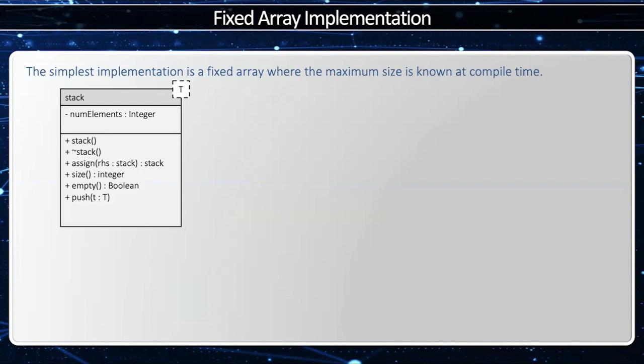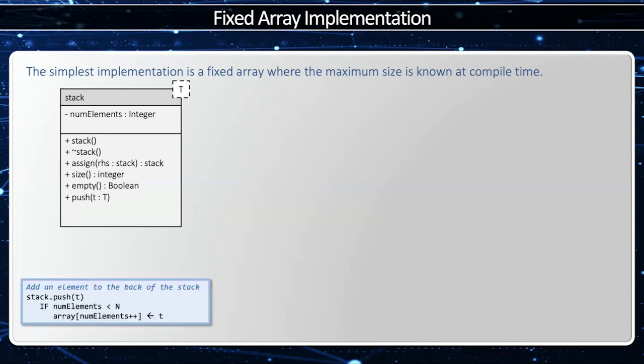So what's the pseudocode of push? Well, we're going to say if num elements is less than N, then array[num elements++] equals that new T. Well, I need a few things for that. First of all, I need to have a new template variable called N, which is the maximum size of my array. Second, I need to have a member variable called array, which is going to have N T's.